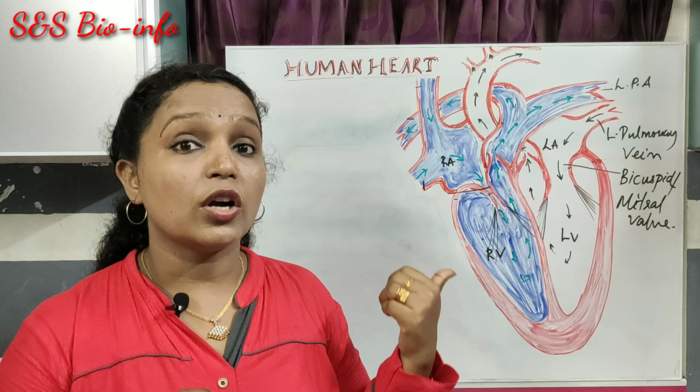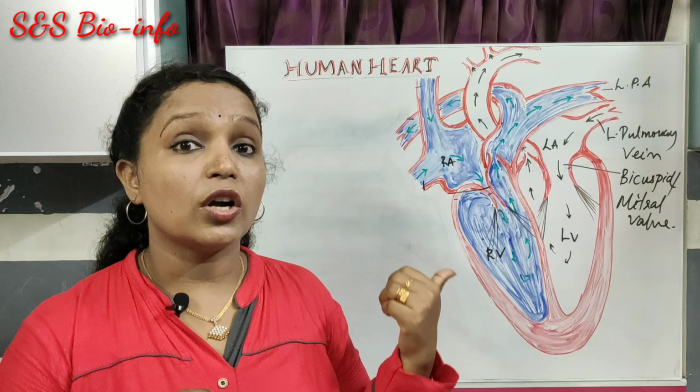The human heart has right chambers and left chambers. That means right and left atria and right and left ventricles. Here I just label the parts: right atrium, left atrium, right ventricle, left ventricle.